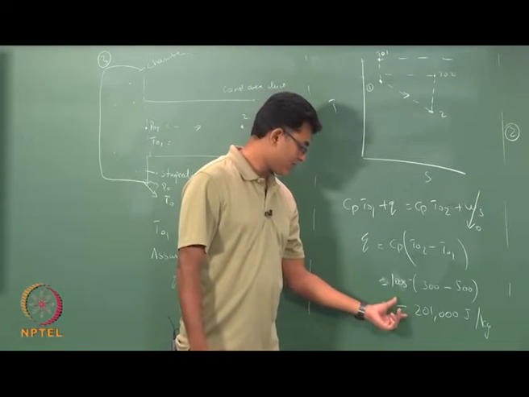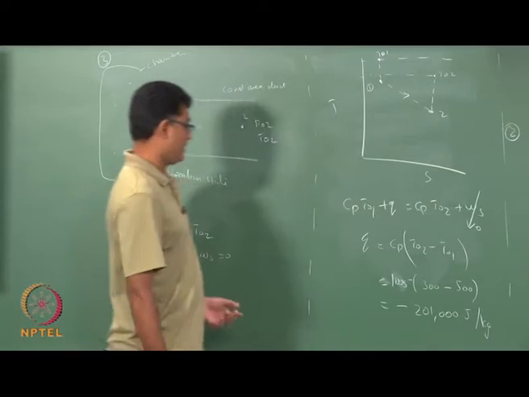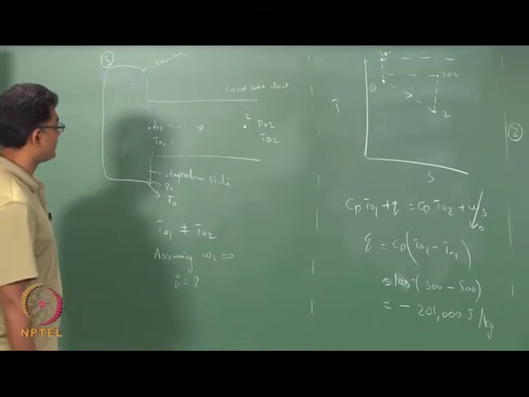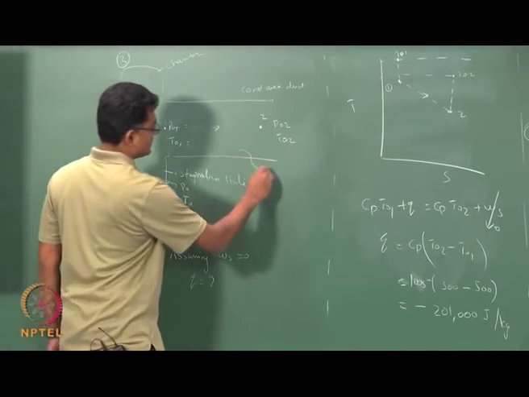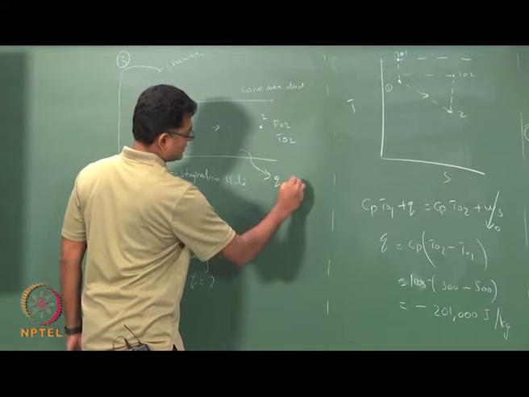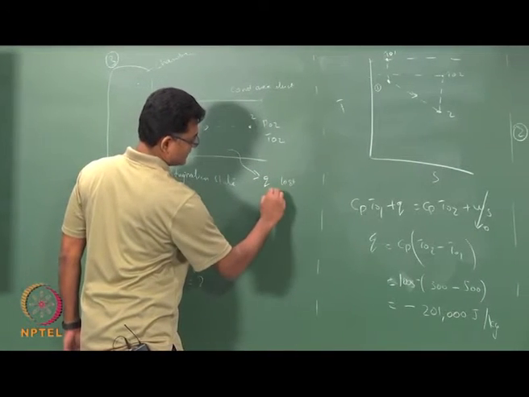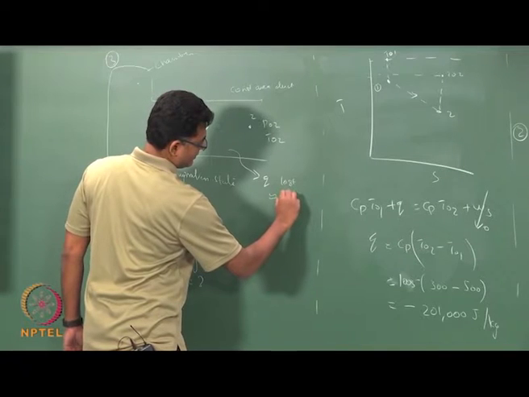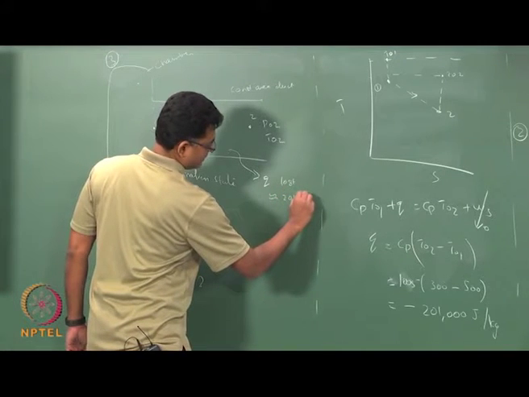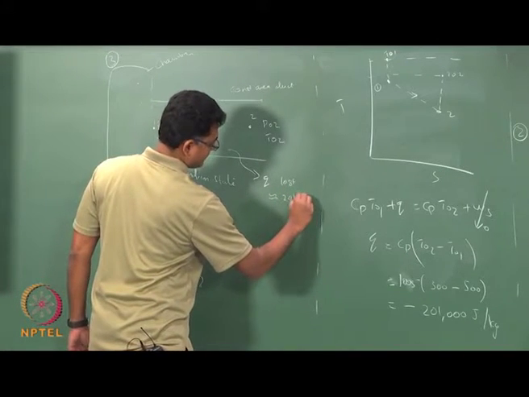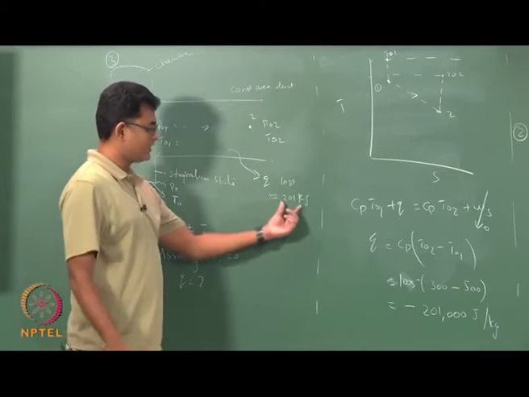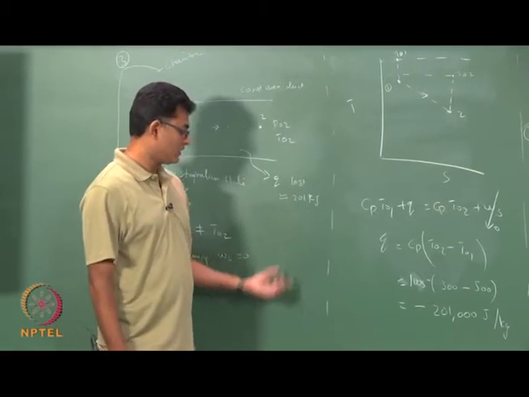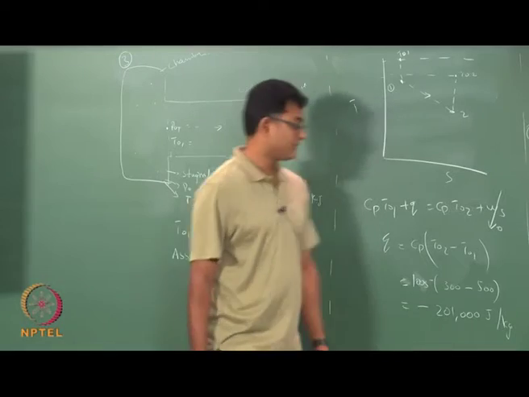Now it is a minus sign, which means heat is lost. So, there is heat Q lost, which is approximately 201 kilojoules. That is why it comes with a minus sign.